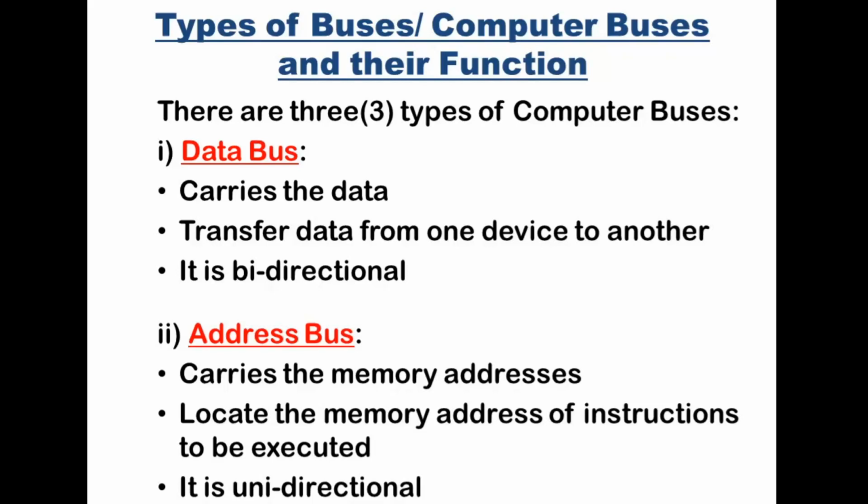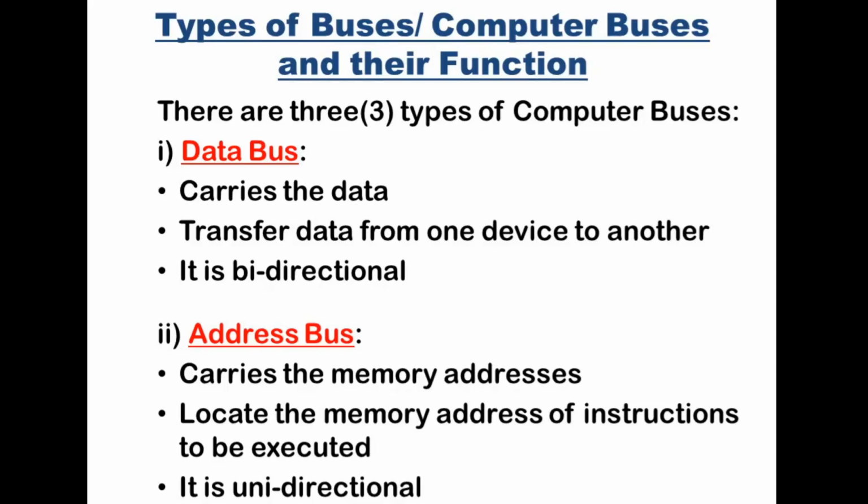Now see the particular function of the data bus. The data bus carries the data which is required by the instruction to be processed by the CPU. The data bus transfers data from one device to another. It is bidirectional.